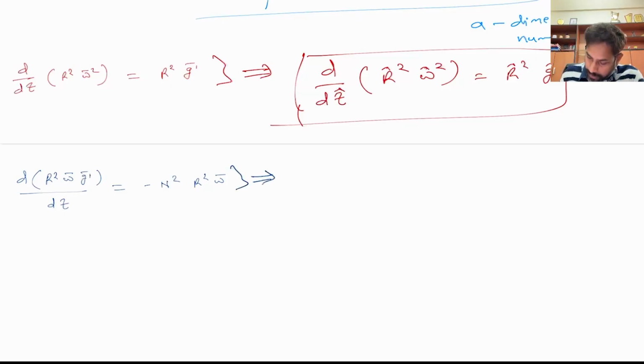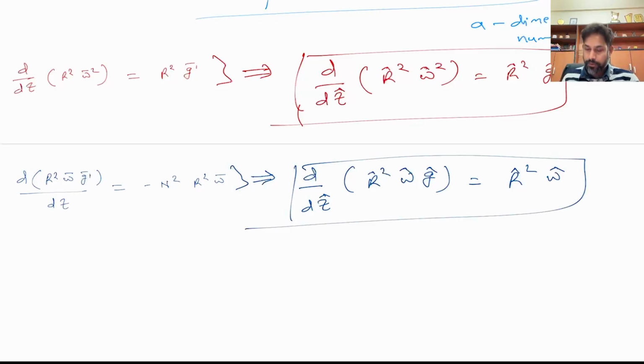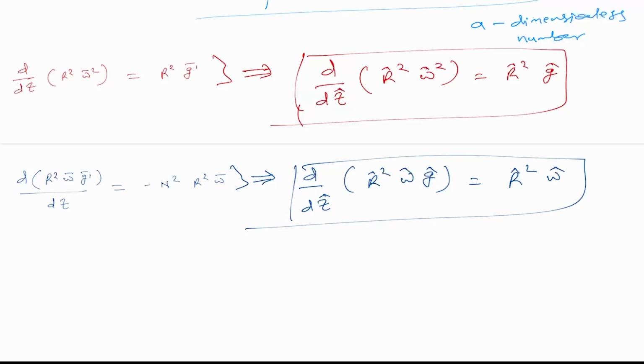This equation simply converts into d by dz hat of R hat square W hat G hat equal to zero, and in this case you will not see N because N simply cancels out. This is the final equation you get.